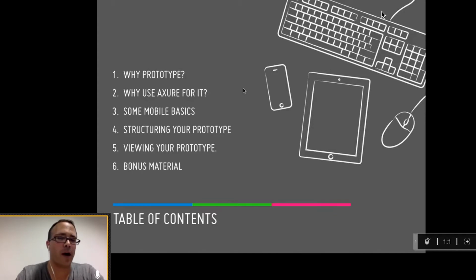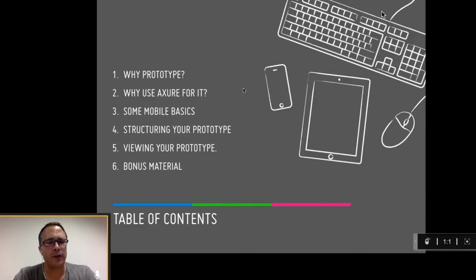So this is what I want to talk to you about. First thing is, why prototype at all? That will be very brief, but since I didn't know what crowd would be there tonight, I wanted to touch the basics at least. And then there's the question, why use Axure for prototyping or even mobile prototyping? There are a lot of other tools out there now, and we could pick any one because there are so many tools nowadays.